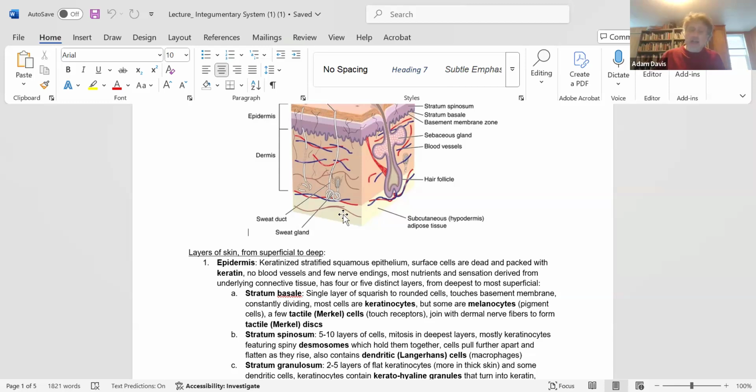Most parts of you are going to have some amount of hypodermis for thermal insulation, because that subcutaneous fat is basically like an insulating blanket, helping your body to retain heat. In general, subcutaneous fat is thicker in female-bodied individuals than in male-bodied individuals.